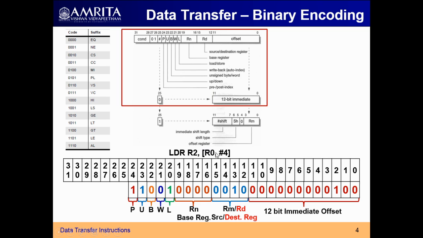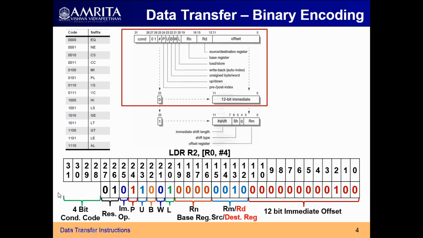Then the 25th bit is used for representing whether you are writing a 12-bit immediate offset or using an offset register. In my case, I am using a 12-bit immediate offset, so bit number 25 will be 0. Then the next two bits are reserved, it will be 0, 1.